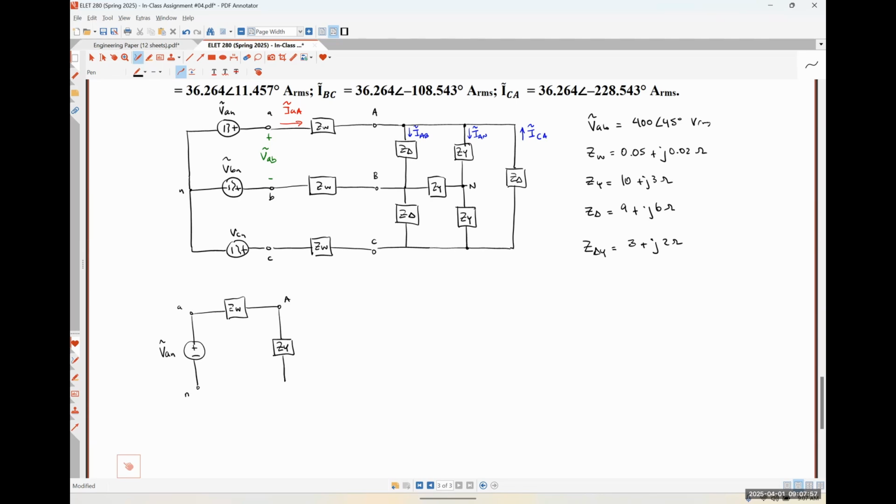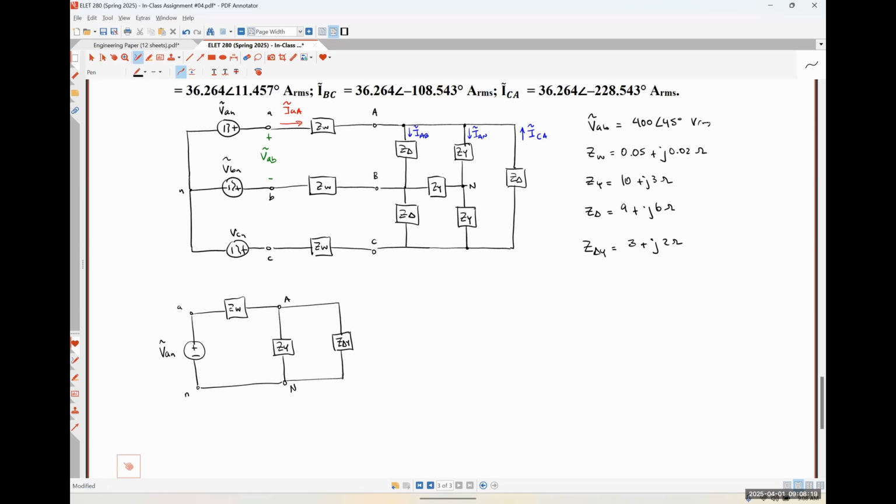Here's ZY between my A terminal and my capital neutral terminal. And then over here to the right, I'm also going to have Z delta Y, my converted delta connected load impedance.